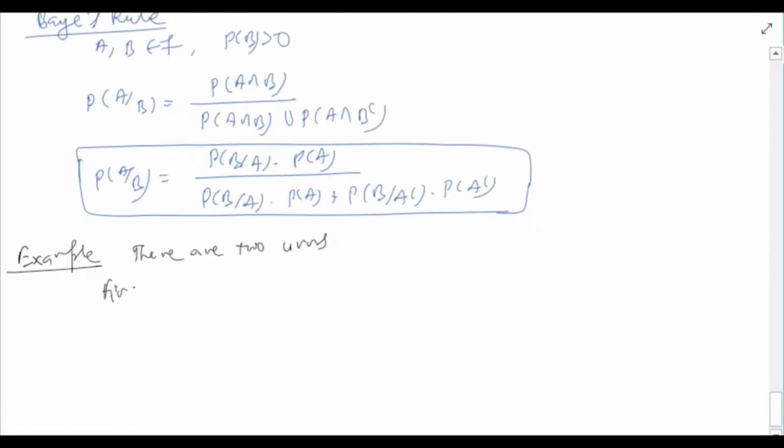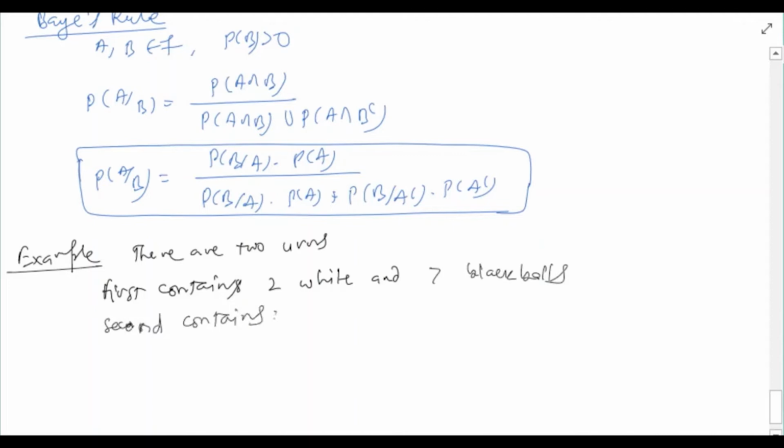The first contains 2 white and 7 black balls, whereas the second one contains 5 white and 6 black balls.